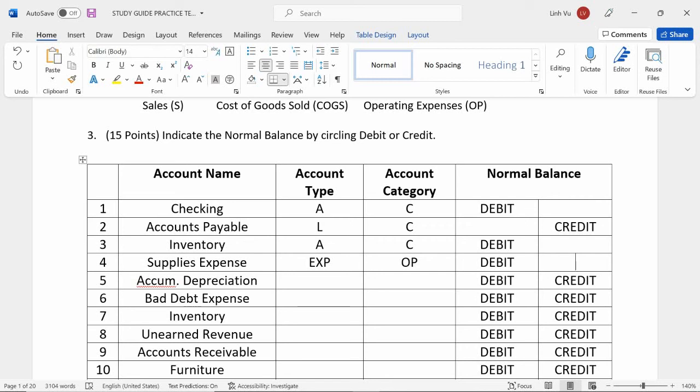I don't know this one. Anybody else want to try? Would it be an expense? It's definitely not an expense.